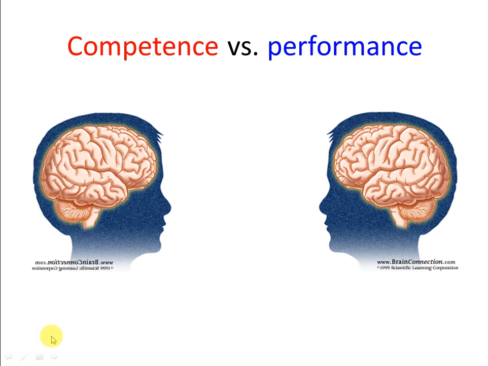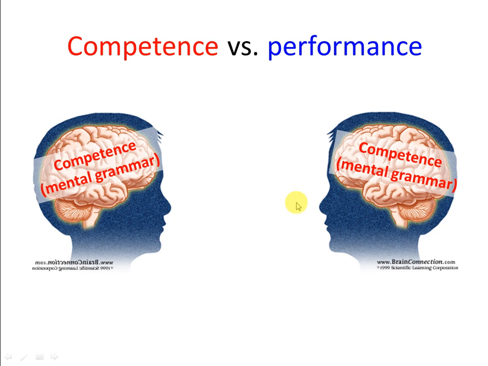Let's say these are speakers, humans, so we speak language. We are all speakers of some language. And competence is here in our brains, so it is the ability of language.